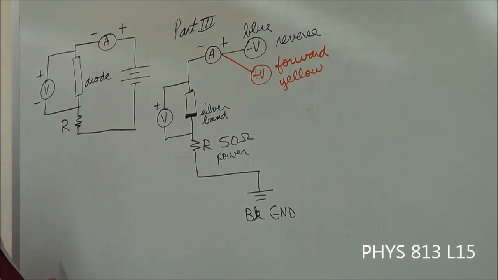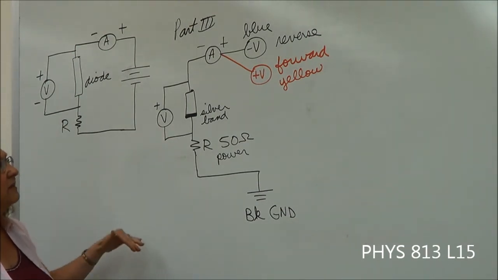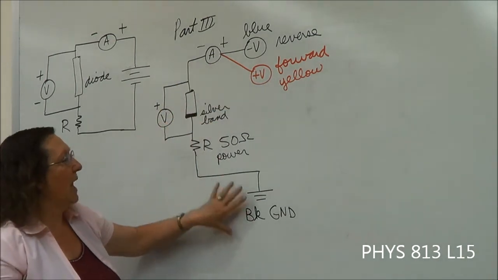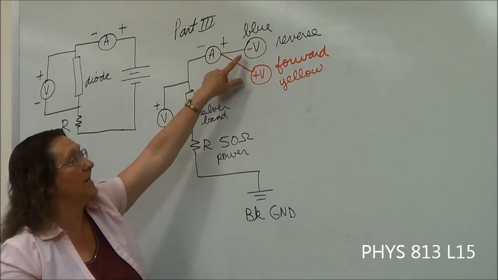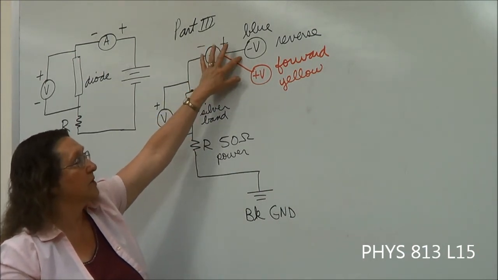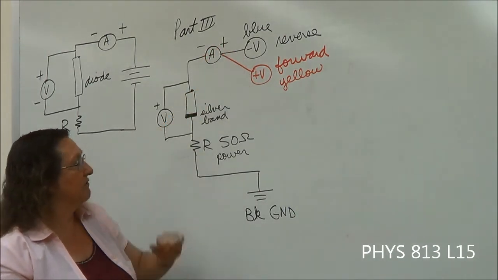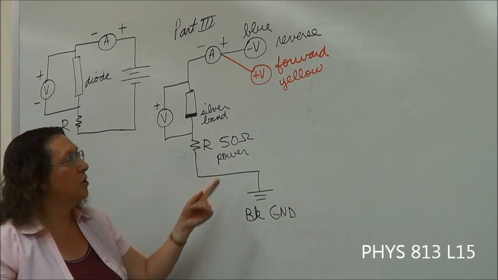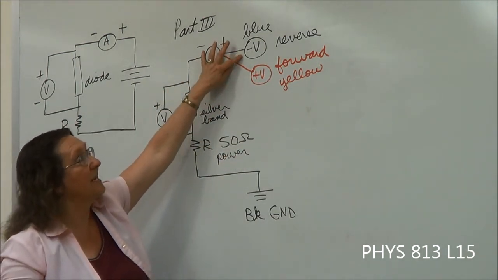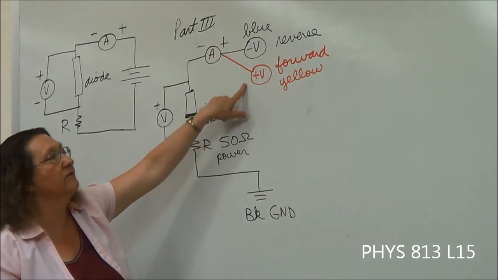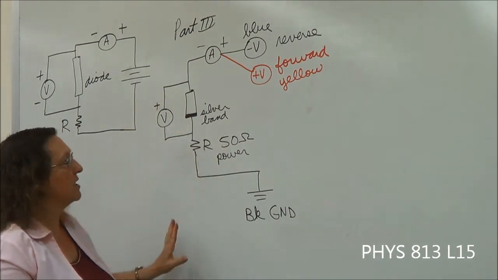So the general idea, since I don't really want to draw them all and be erasing a bunch of them, I want to draw them and leave them here. So what's in black goes with reverse bias, and that's connected to the negative terminal up in the top upper right hand corner. That gives you negative voltages. Then when you want forward bias, you simply move the wire from the negative voltage to the positive voltage, and that's the yellow terminal. Okay, you leave everything else the same.